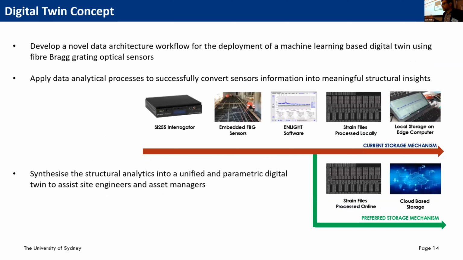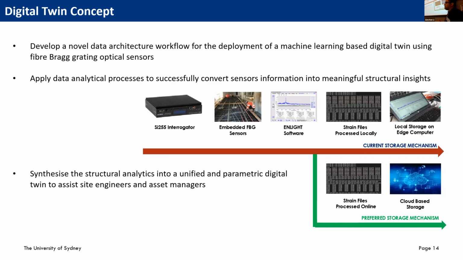On the other hand, we are also looking at how we can interpret that data and convert it to useful information, because you have a lot of external factors like humidity, temperature variation, and also external forces like water splash and the traffic on the structure.